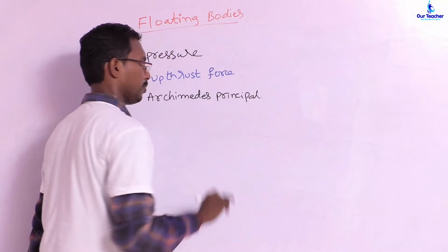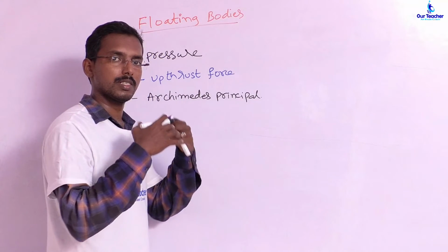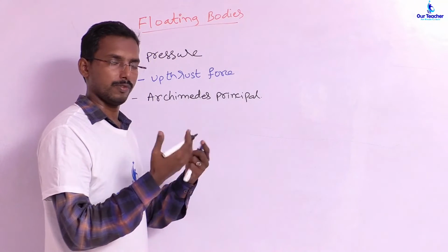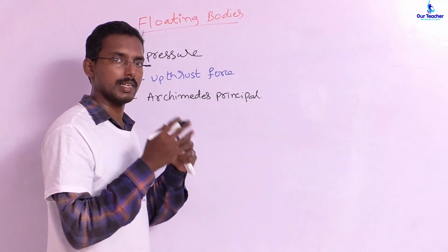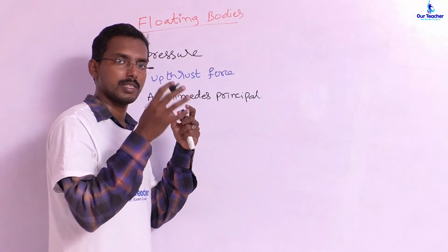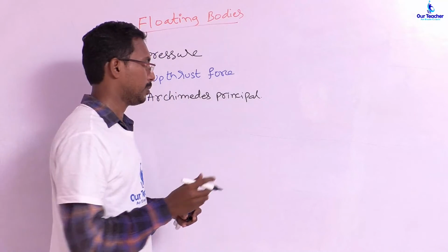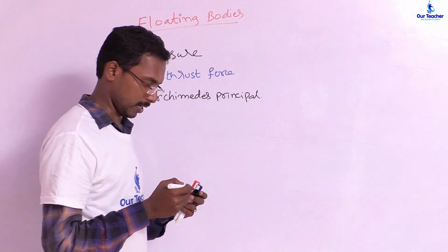Archimedes principle states that the quantity of mass or volume of water which comes out of the water surface is equal to the mass or volume of the body which is submerged in it. That is simply what is meant by Archimedes principle. Depending upon this, we have a number of applications.